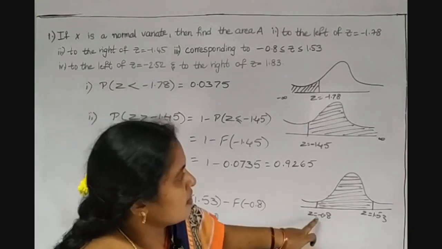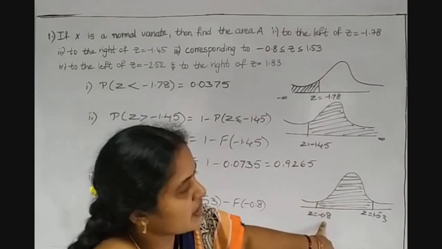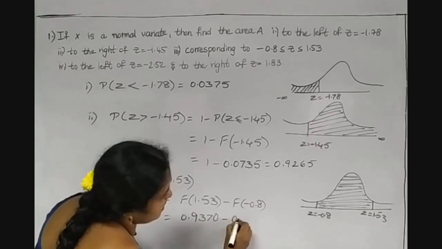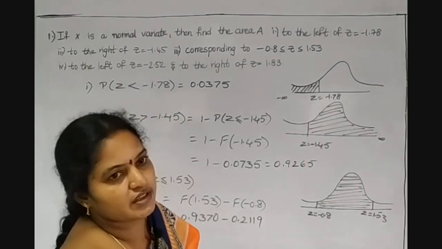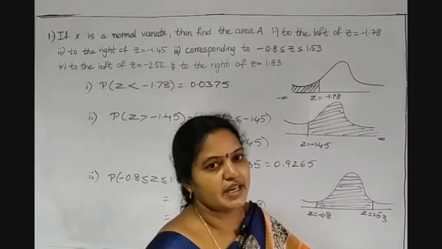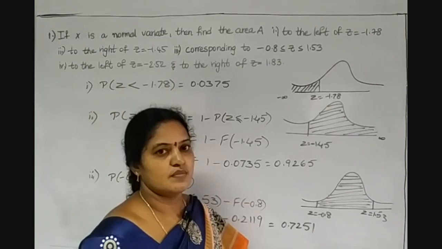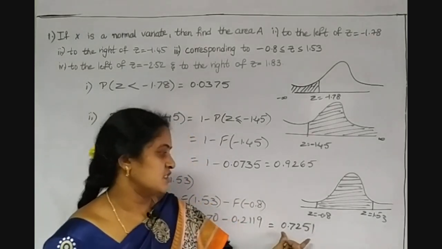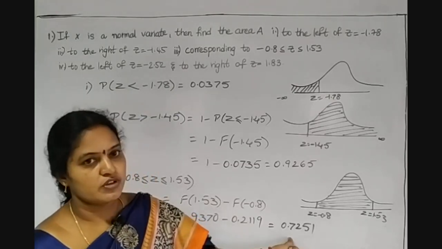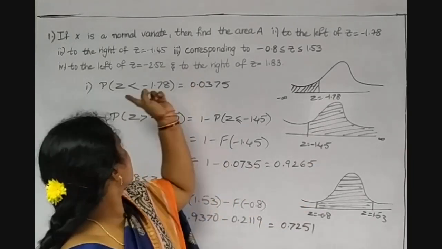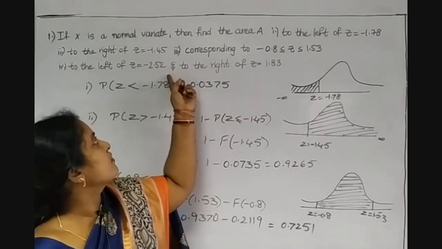Next one, value of minus 0.8 at 0 is 0.2119. So this is equal to 0.7251. So that is 0.7251.